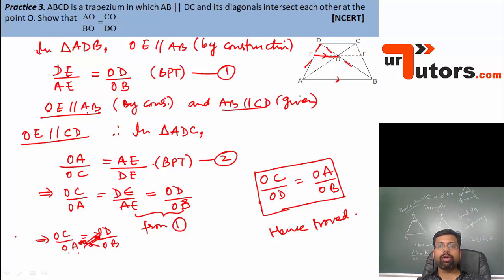Or you can say OA by OC is equal to OB by OD, which is what we got here. Okay, so you can use either of the two. You can rearrange and you get the same thing. Fine.